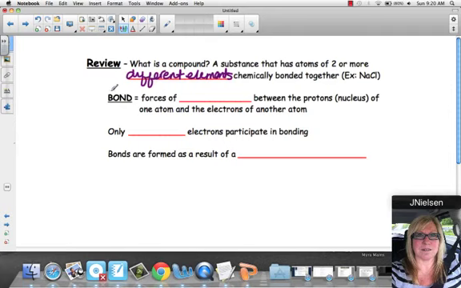And what is a bond? A bond is forces of attraction between the protons, which are positive, in the nucleus of one atom, and the electrons, which are negative, of another atom. So it is the forces of attraction between my protons and your electrons, basically, when you're talking about two different atoms.